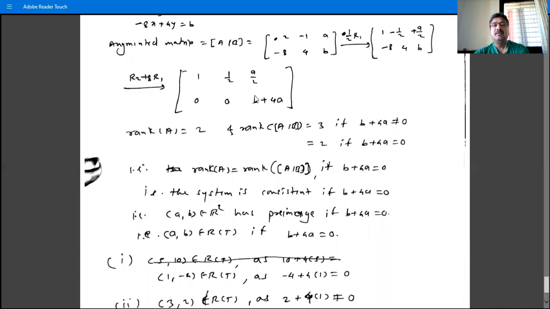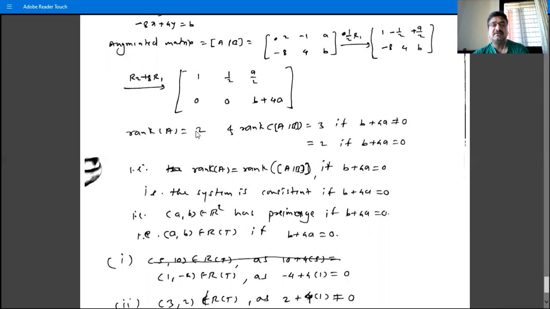This whole matrix is the echelon form of the augmented matrix. This is a non-zero row, and this is also a non-zero row if b plus 4a is not equal to 0, and if b plus 4a is equal to 0, then the rank is 1.